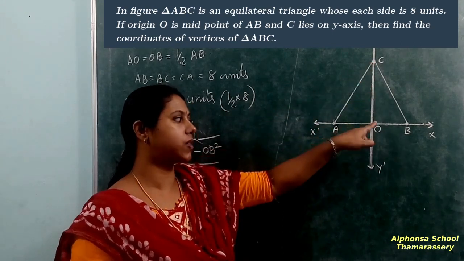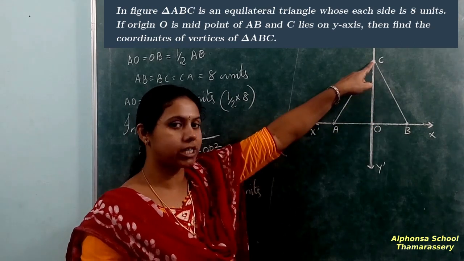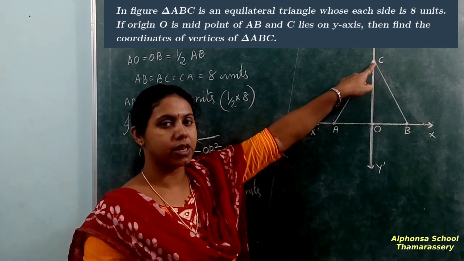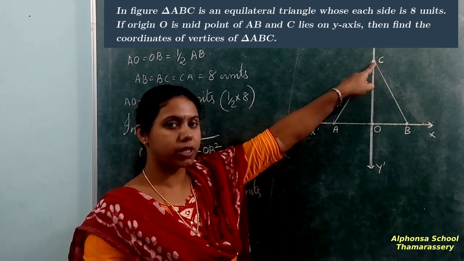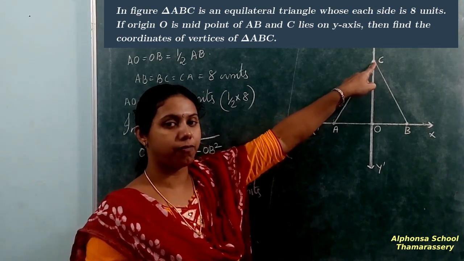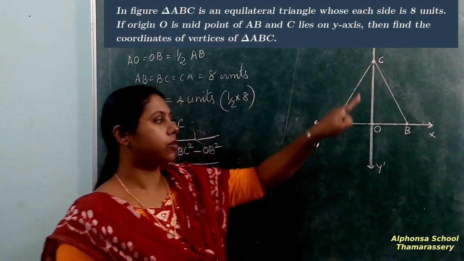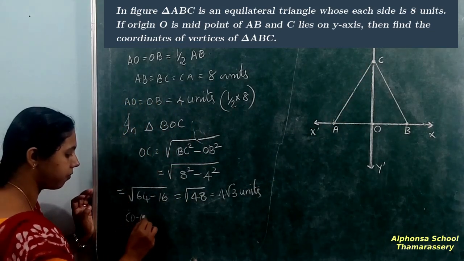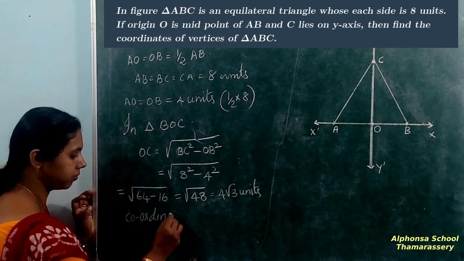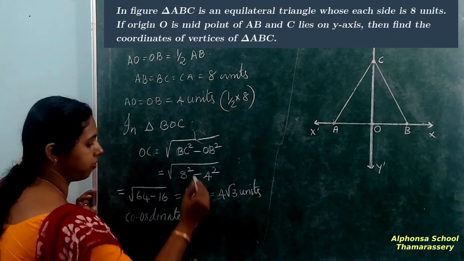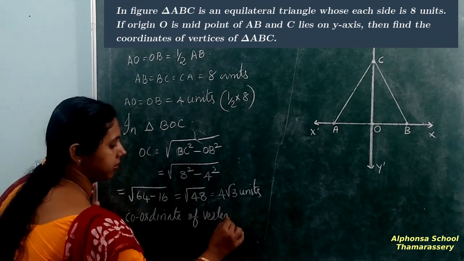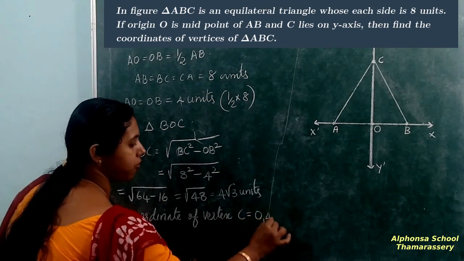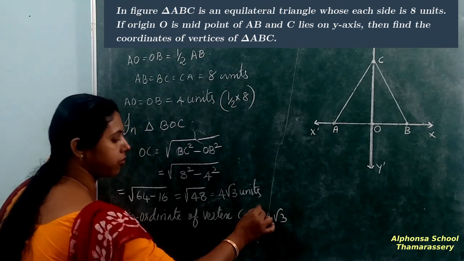We know that the distance from the x-axis to the point is the y coordinate. This point lies on the y-axis, therefore the coordinates of this point are of the form 0, y. So the coordinate of vertex C is 0, 4 root 3. The y coordinate is 4 root 3.